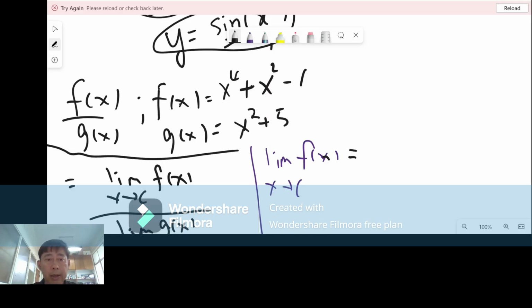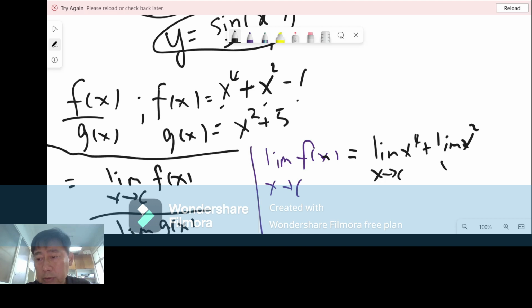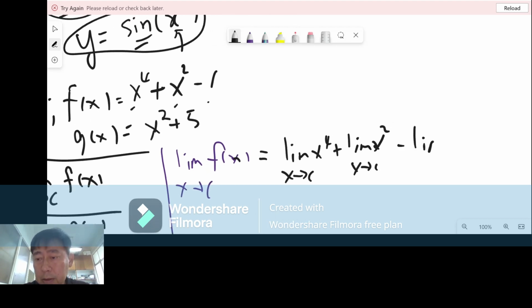So here I have x to the power 4, plus x squared, minus 1. So this is equal to the limit of x^4 as x goes to c, plus the limit of x squared as x goes to c, minus the limit as x goes to c of the function 1.